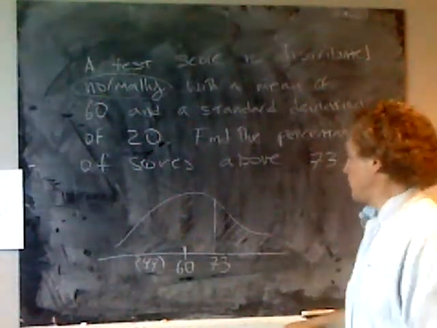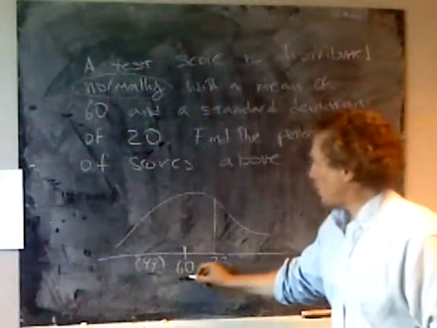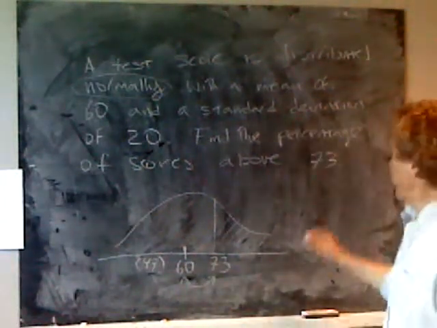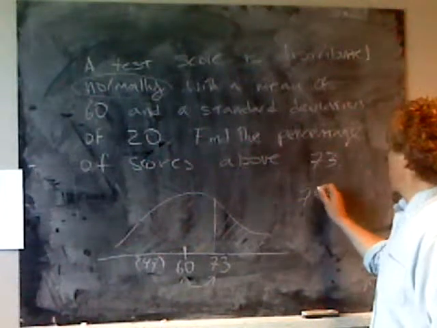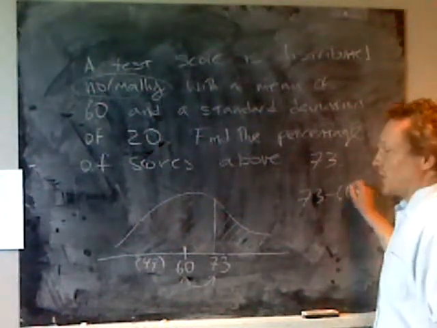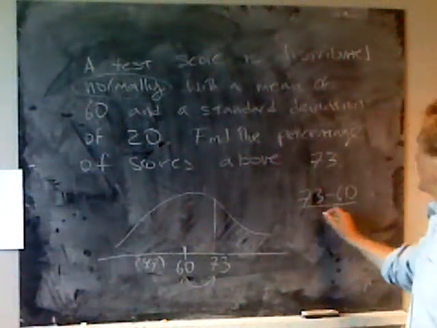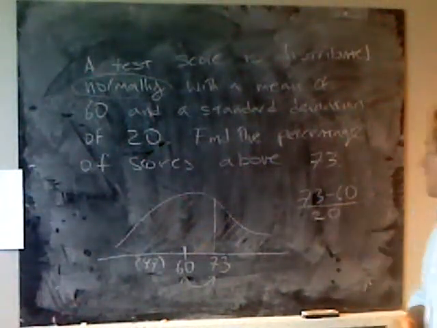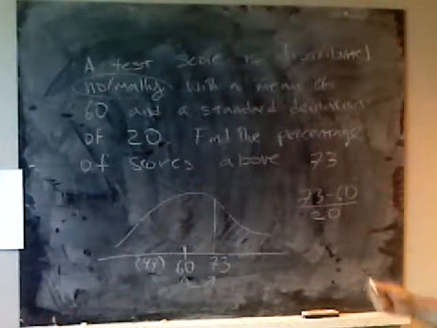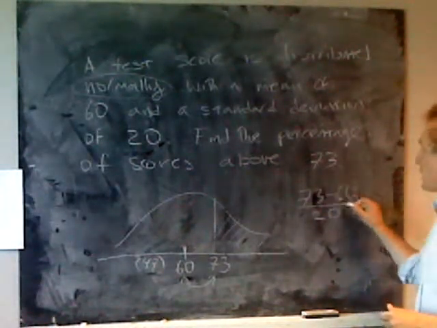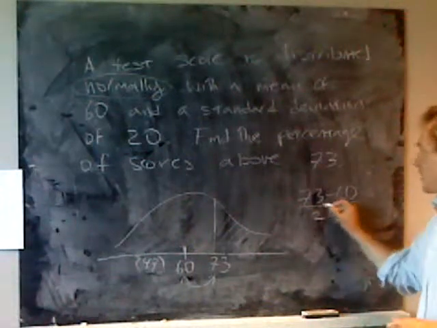Okay, but the way we look it up is we need to know how many standard deviations. So that 73 minus 60 is the distance, but we need that in standard deviations, so we need to divide by the standard deviation. So notice what we're doing here. We're taking the score we're interested in minus the mean and dividing it by the standard deviation.